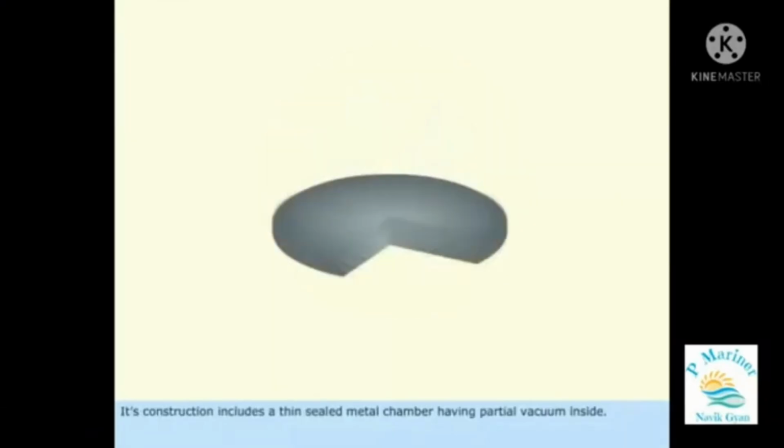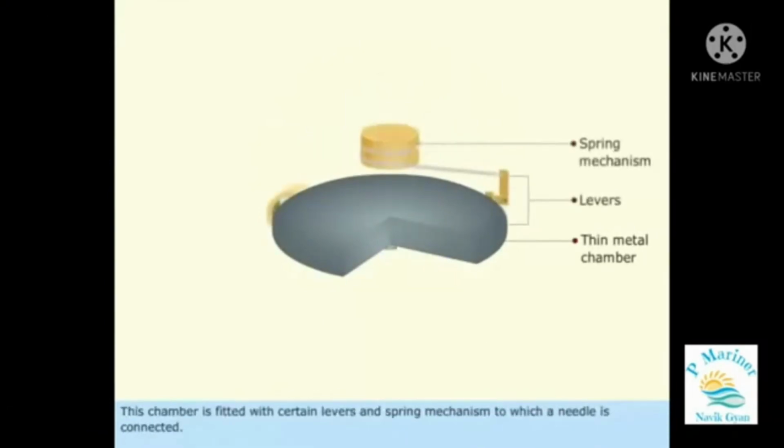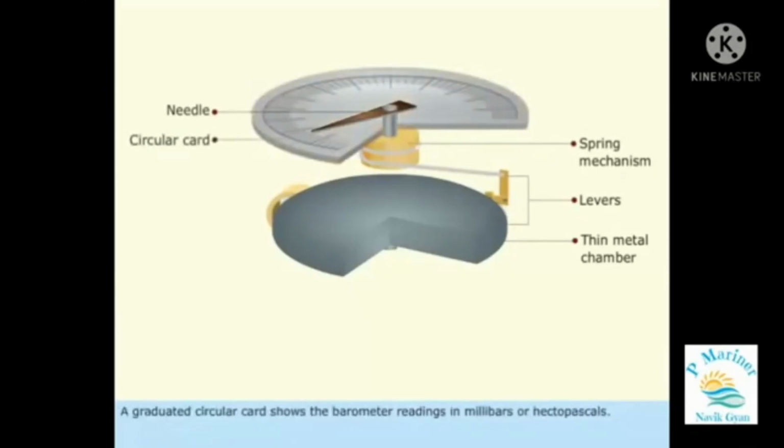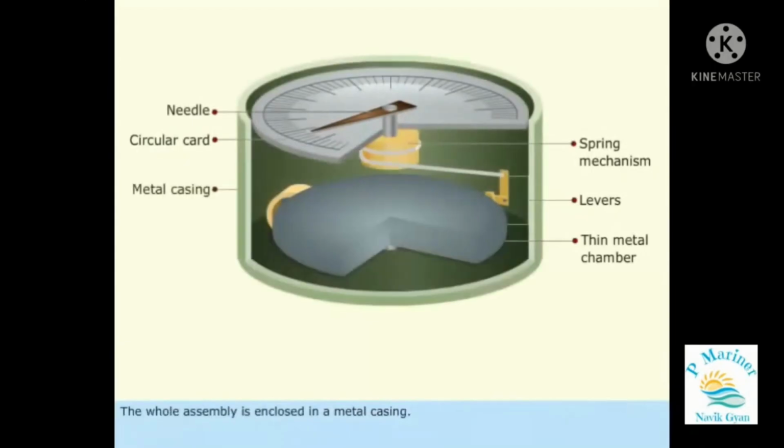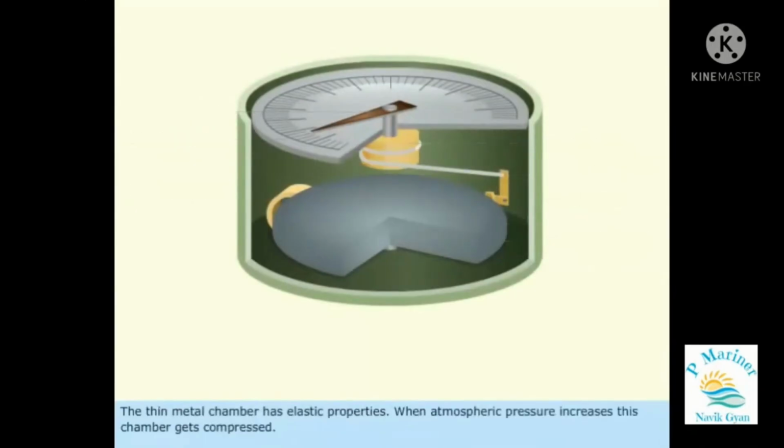Aneroid barometer. Its construction includes a thin sealed metal chamber having partial vacuum inside. This chamber is fitted with certain levers and spring mechanism to which a needle is connected. A graduated circular card shows the barometer readings in millibars or hectopascals. The whole assembly is enclosed in a metal casing. The thin metal chamber has elastic properties.